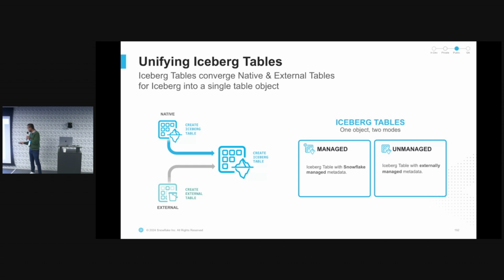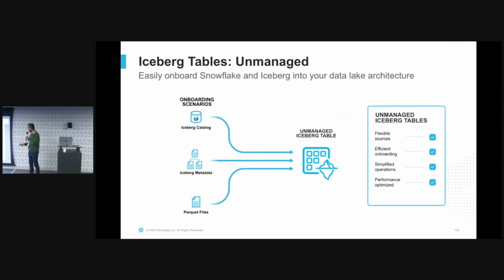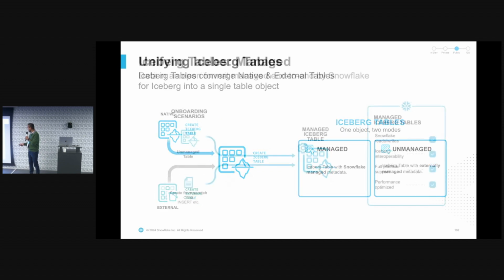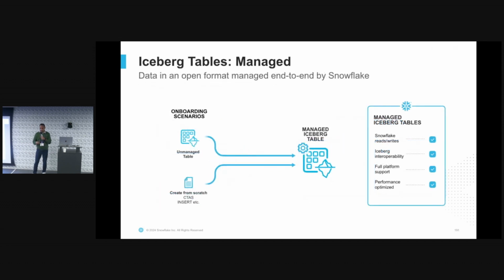We're going to talk a little more about these individual tables. Let's first talk about the managed Iceberg table. In a managed Iceberg table, you will have an Iceberg table in open table format. You will store it in your own storage buckets or storage accounts, but you'll use Snowflake to do full reads and writes.